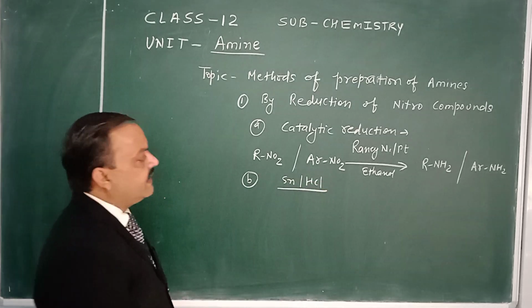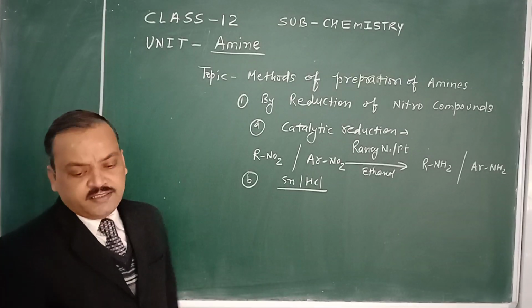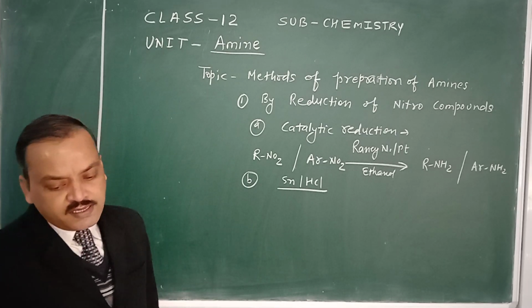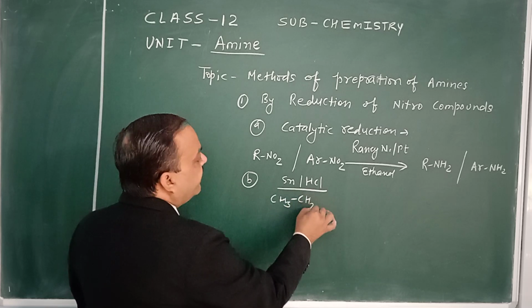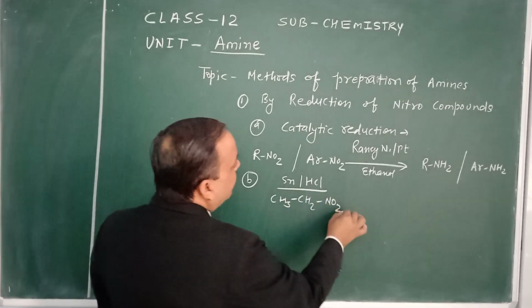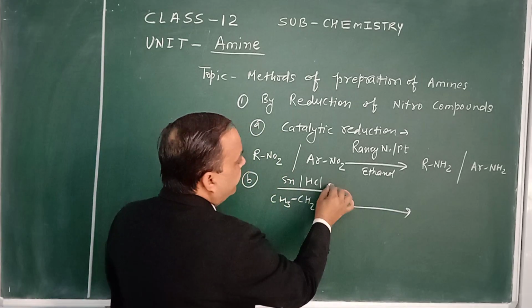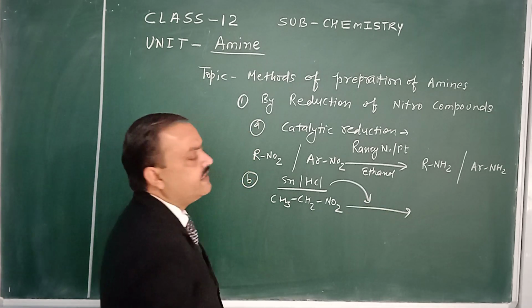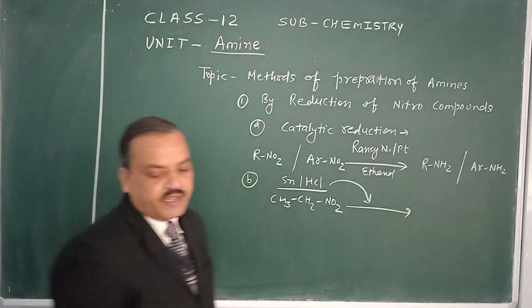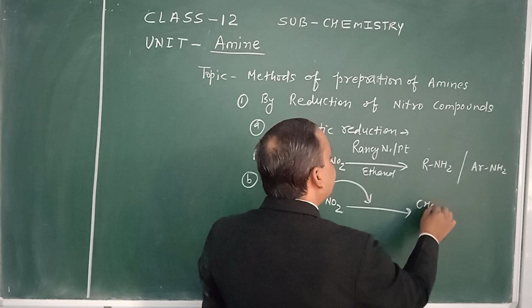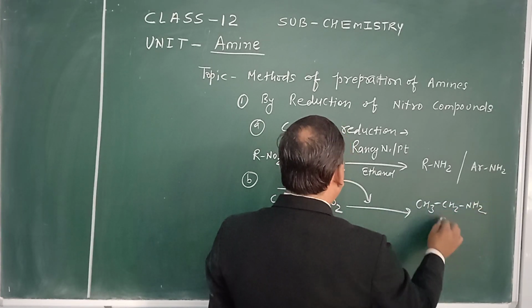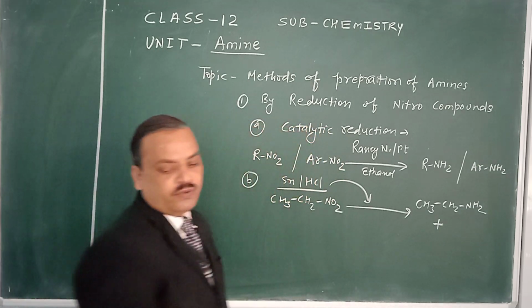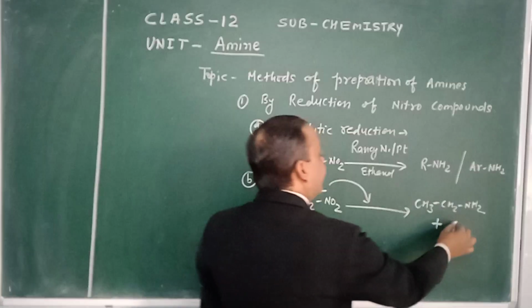When we use Sn and HCl, we also get the amine. So CH3CH2NO2 in the presence of Sn and HCl gives amine CH3CH2NH2 plus water molecules as a byproduct.